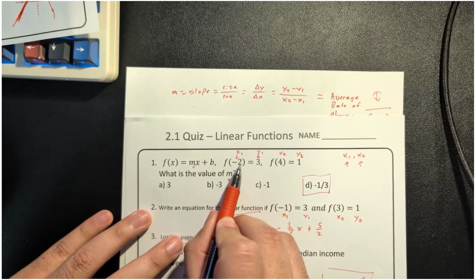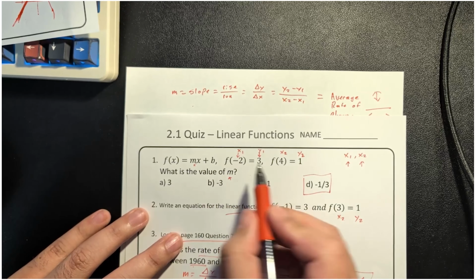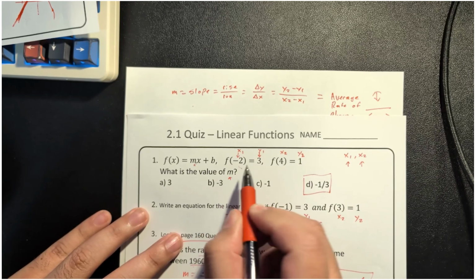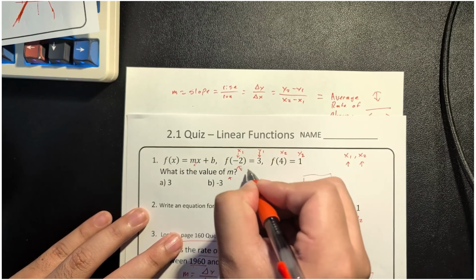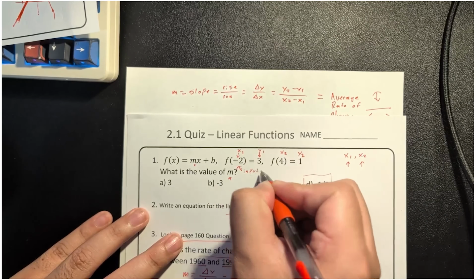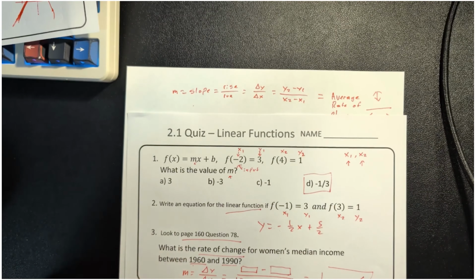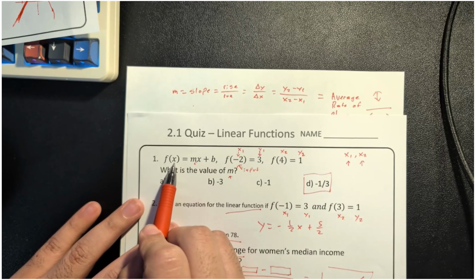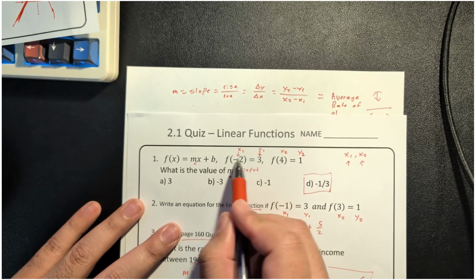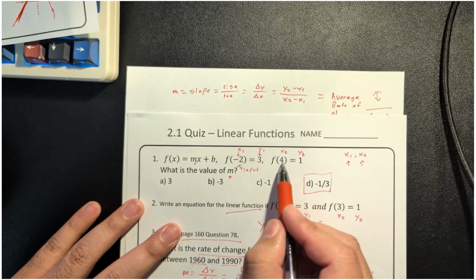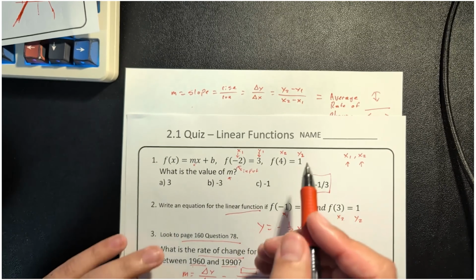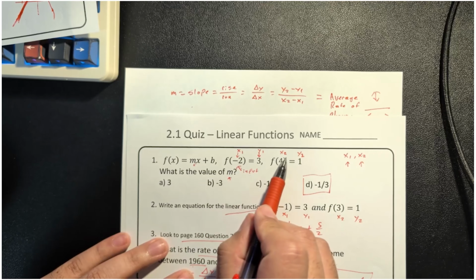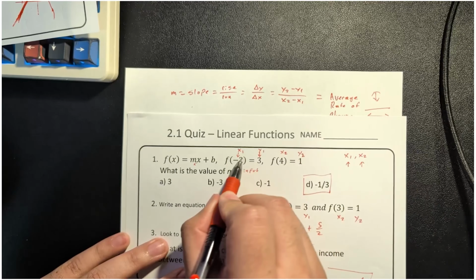When you're given a problem like this, these are going to be your inputs, what you're plugging into the equation. What you're plugging in is going to be different x values. So we know these are going to be x values. How do I know which one is x1 and which one's x2? It's always going to be in increasing order.